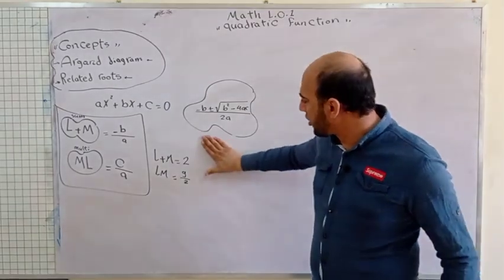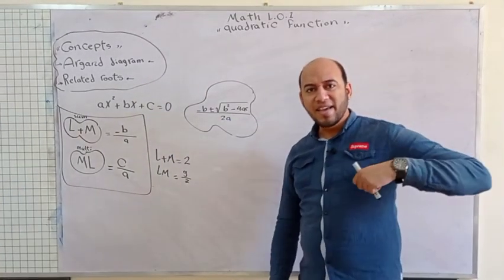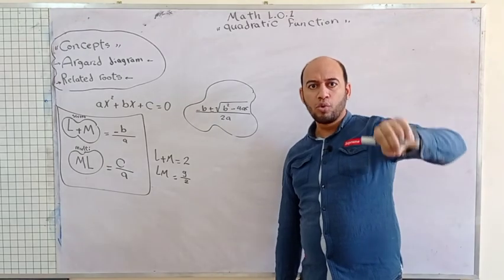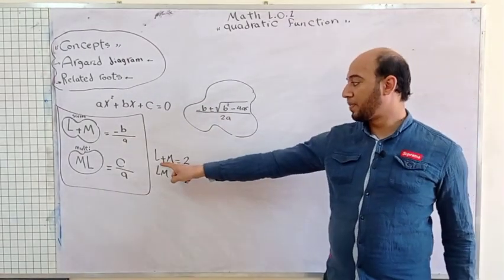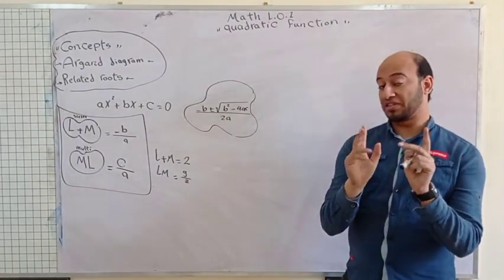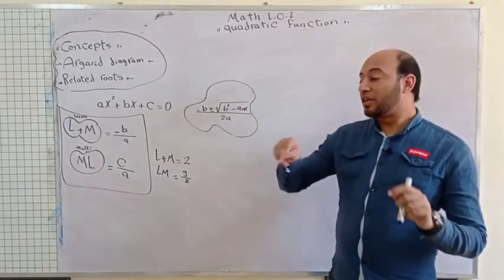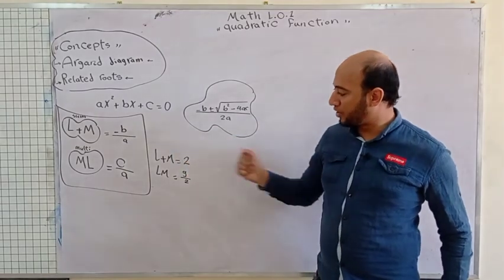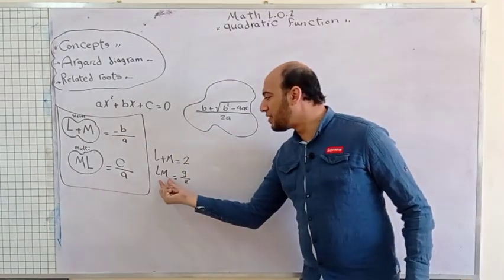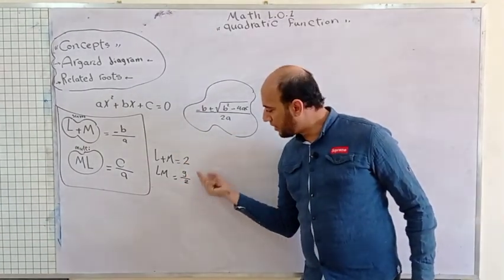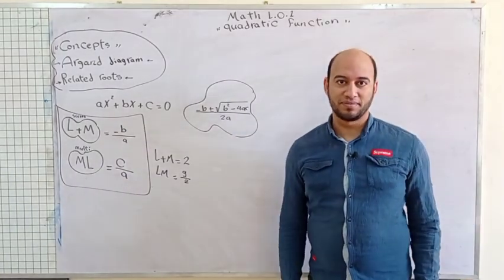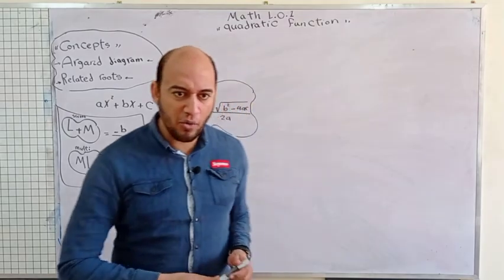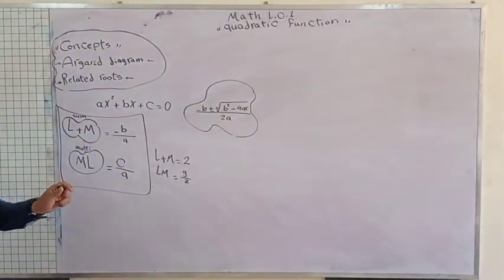There is no equation now, but I give you two important pieces of information. This is a quadratic function. The sum of the two roots equals 2, and the multiplication of them equals 9 over 2. Tell me the equation. We can make the equation by an important law.